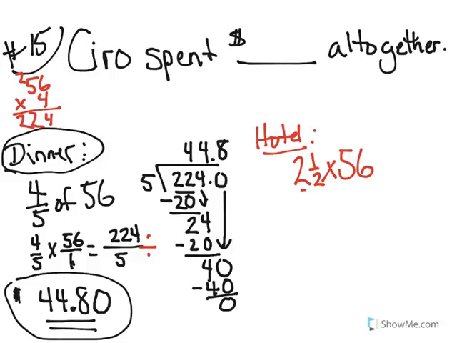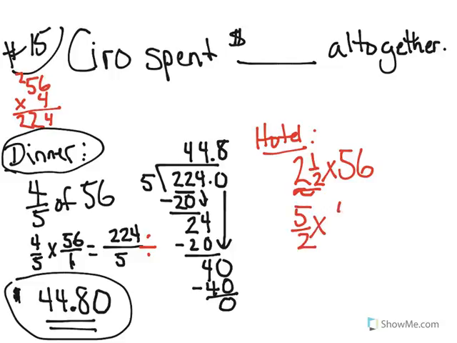So now I have a fraction. I have a mixed number. So in order to multiply these together, I need to change that so that I have two fractions. So 2.5, if I'm going to change that to an improper fraction, I would have 2 times 2, which is 4, plus 1, and I would have 5 halves.